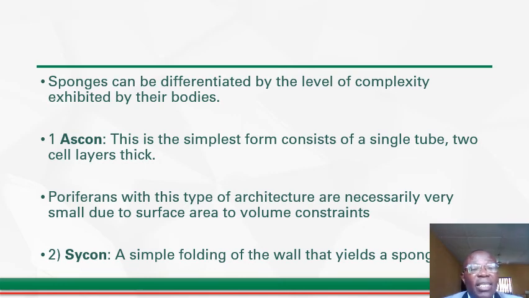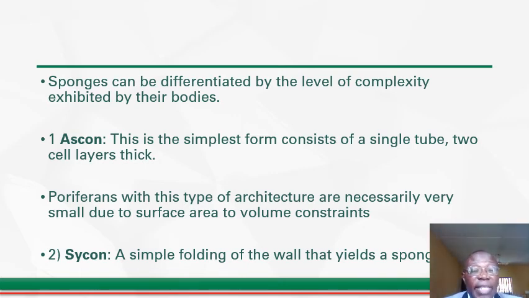This particular group with this type of architecture are necessarily very small due to the surface area to volume constraint in them. That is the ascon as one of the types of sponges that we have.